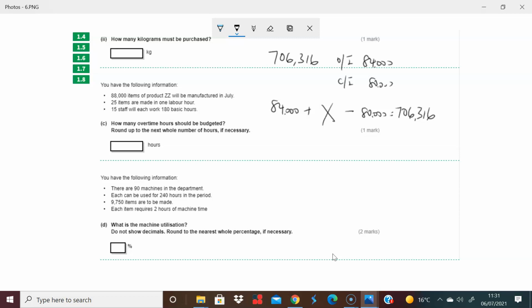So what I need for production, plus what I need to make sure I have left over, minus what I had at the beginning because that was already there, right? And when you do all of that, you should arrive at the answer of 702,316. And that's what's going on for that one.